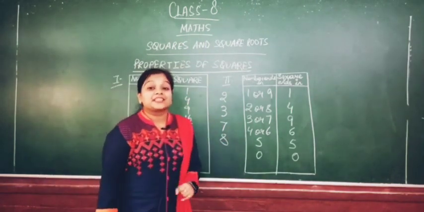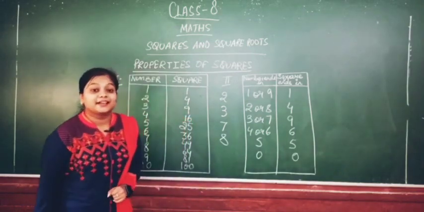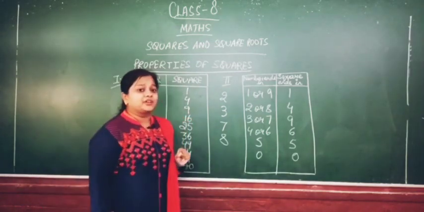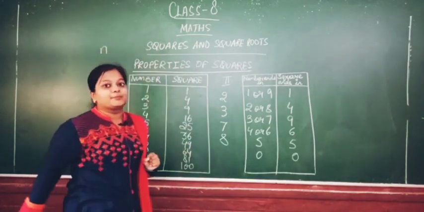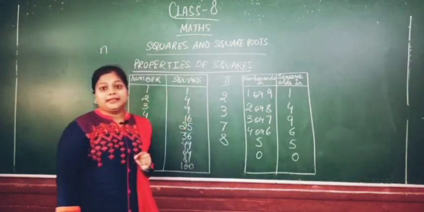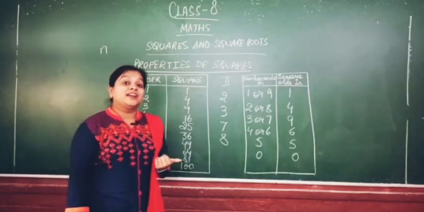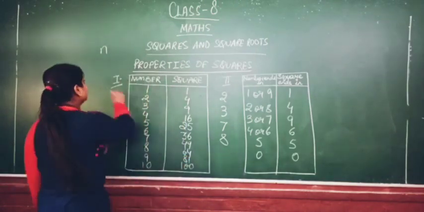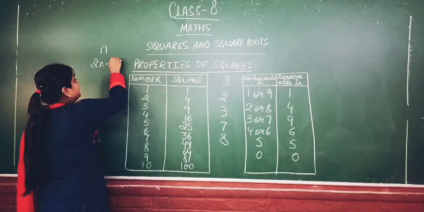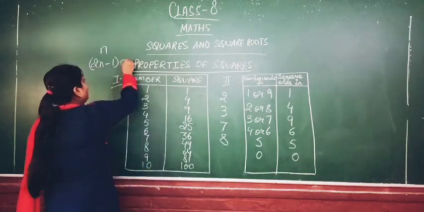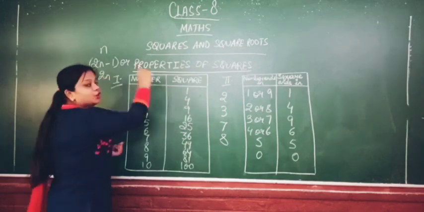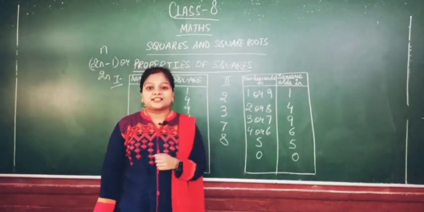Now, our next property is that if any number has n number of digits, then its square will have 2n minus 1 or 2n digits.